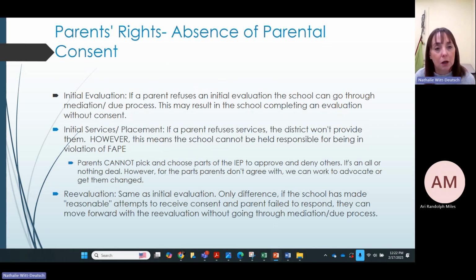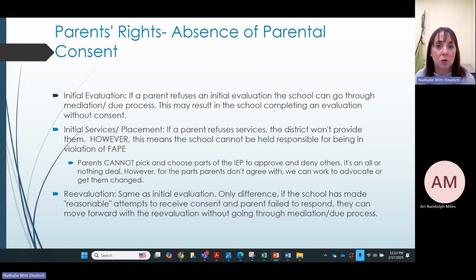For absence of parental consent for parent rights, initial evaluation: if you refuse an initial evaluation, say that your child goes through child find or a teacher identifies your child as having some level of need that would indicate that there might be a need to provide further IEP services, and you refuse that initial evaluation, the school can then go through mediation and due process in order to obtain that consent.